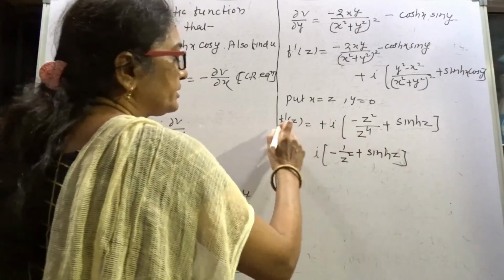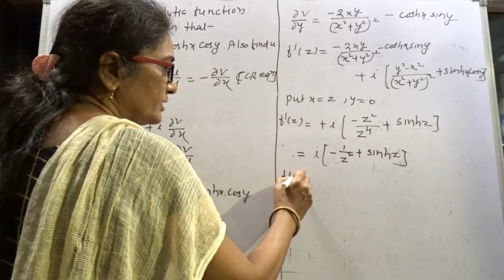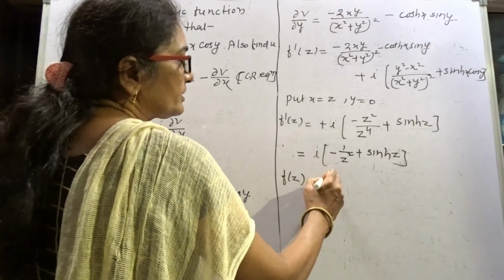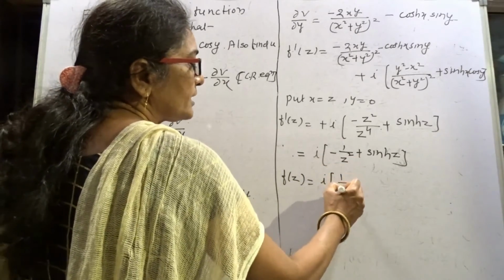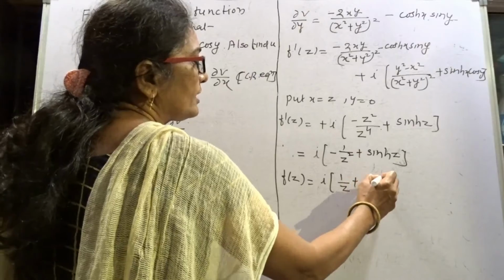Now we have to integrate with respect to z, so f of z is equal to i into 1 upon z plus cos hz.